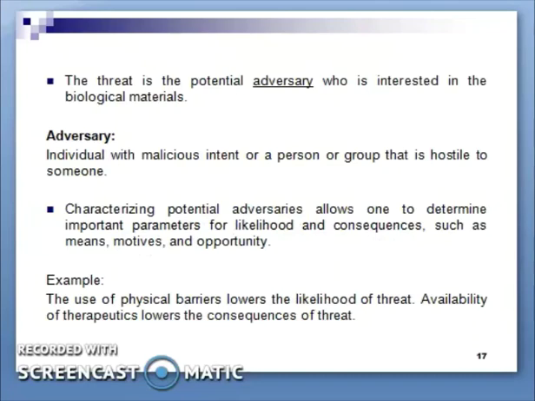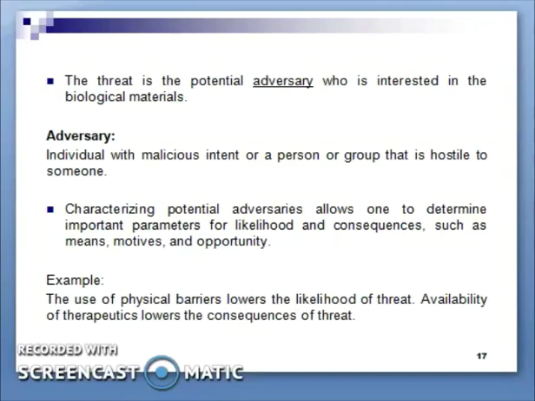The threat is the potential adversary who is interested in the biological materials. Here we are analyzing the threat. So what is an adversary? An individual with malicious intent, or a person or group that is hostile to someone. That person or that group or that individual has an enemy-like attitude towards someone.